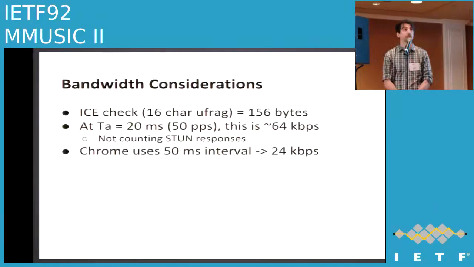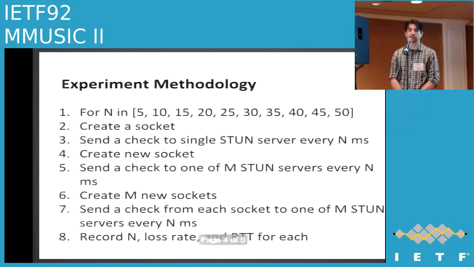Next slide. All right, so here's what we're going to do. We have a fairly decent install base of Chrome users, including many who are probably on 28.8 modems or something else.